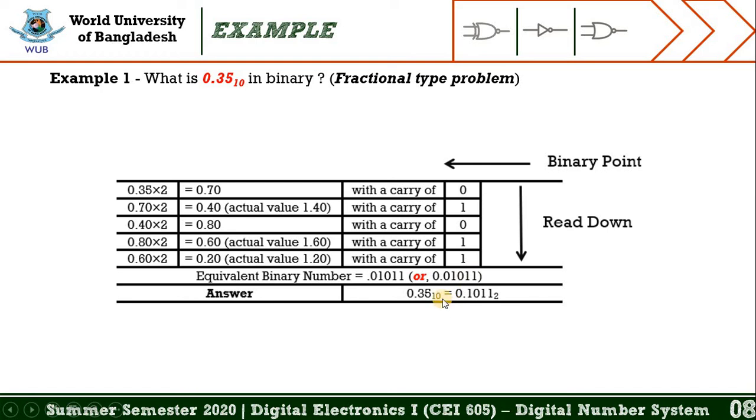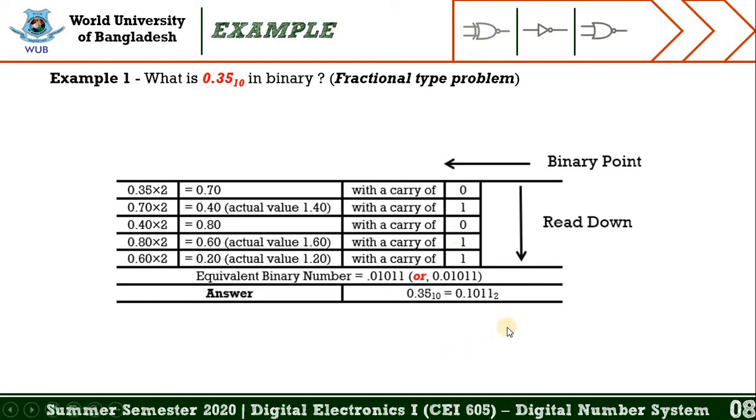01011. But before that there is an indication in the question, 0.35 decimal number, so the point in the question represents the binary point, that's why we placed the point from the first number of the table, from the above number of the table, that's why we placed the point before 0.